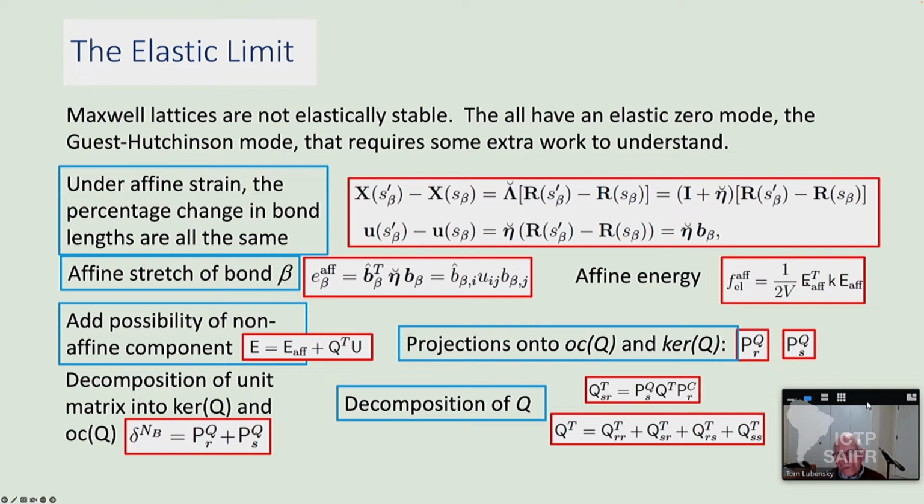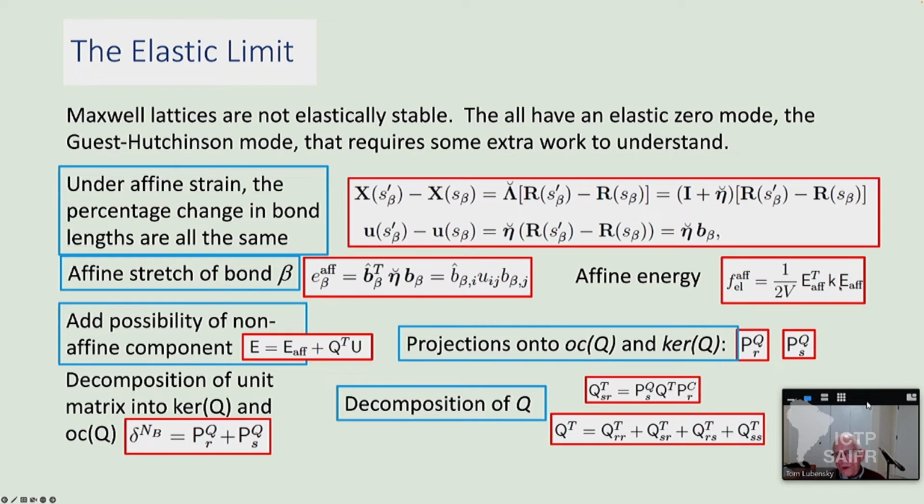Now, what we want to do is to consider what happens when we have unit cells that are bigger, or the possibility of having the response of many of the sites be different from E affine. We apply the affine distortion, and then we calculate the displacement of all the sites. In other words, the affine distortion causes displacement of the sites.